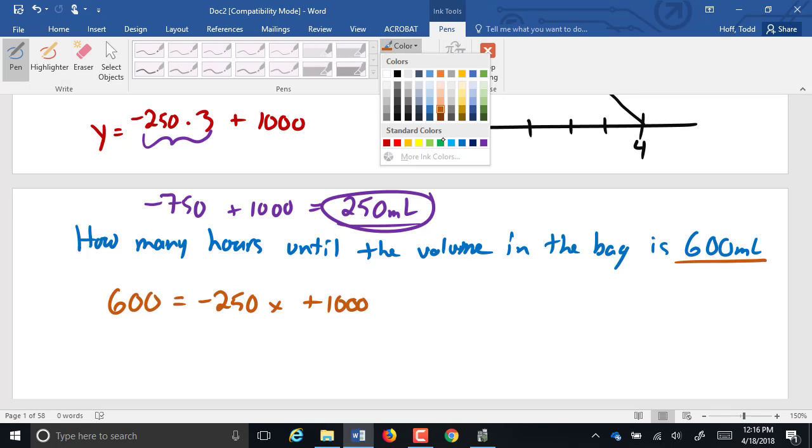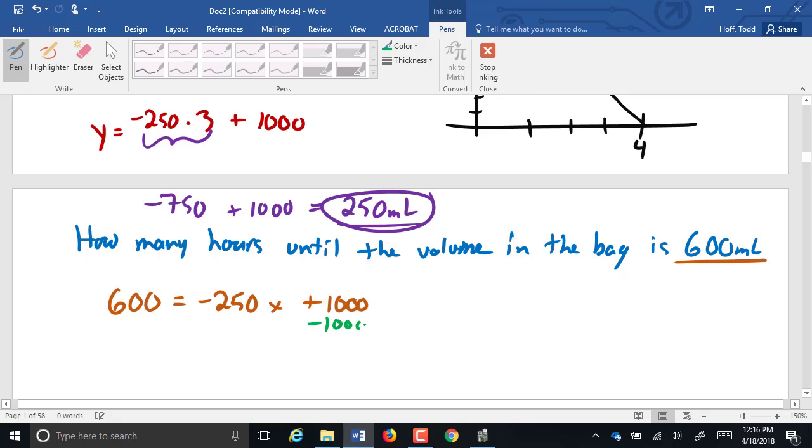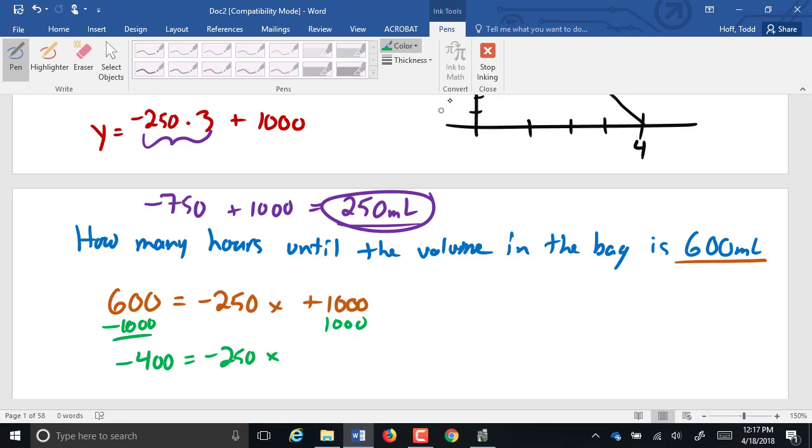We're going to subtract 1,000 from each side. So negative 400 equals negative 250 times x. And we divide by negative 250.